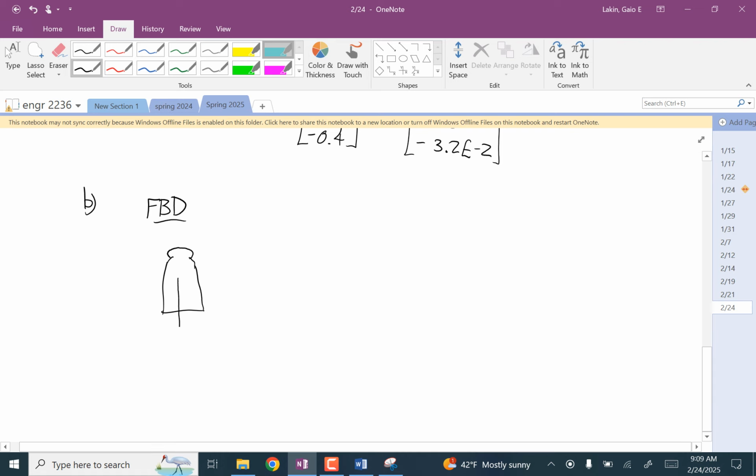So this is a weight force down of 0.08 times 9.81, which is 0.7848.